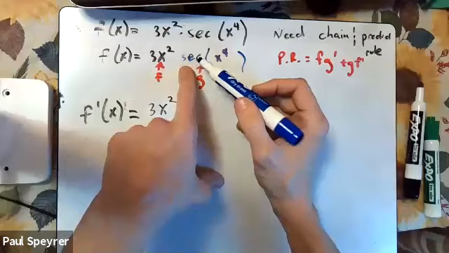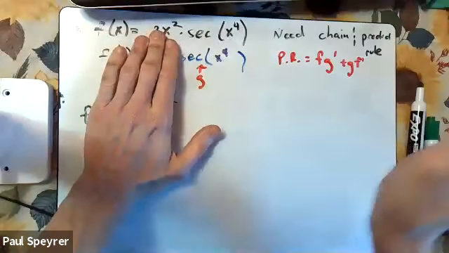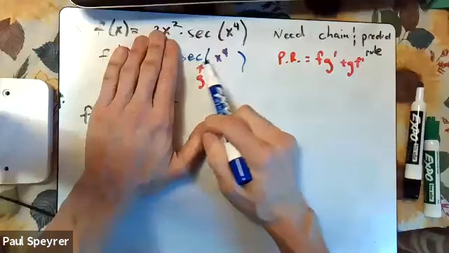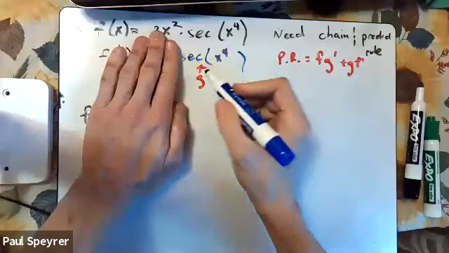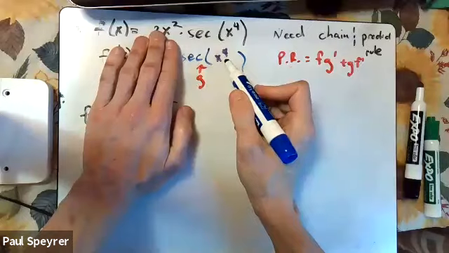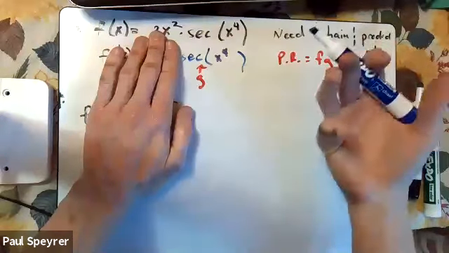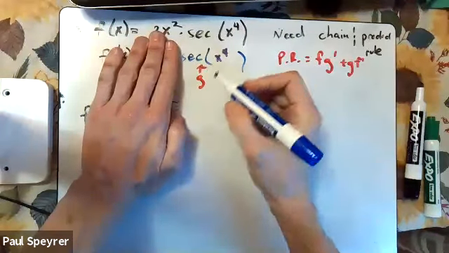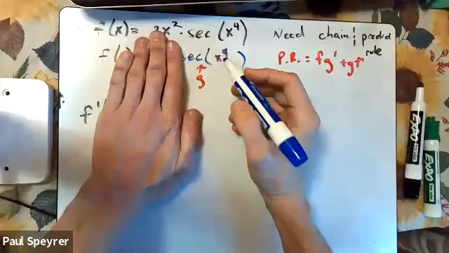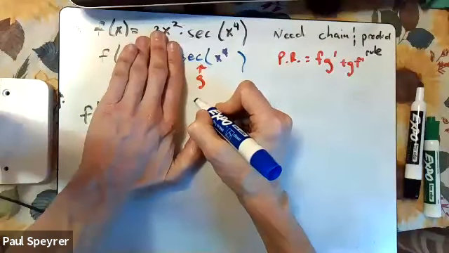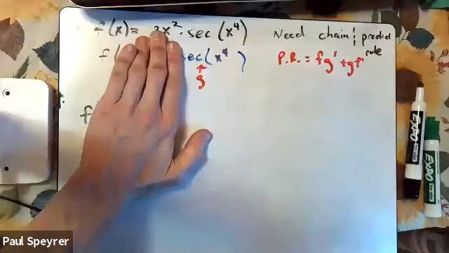How do we do that? Remember, just cover up the 3x squared. We're not worried about that right now. We're just worried about deriving g, right, from the product rule. So the derivative of secant of x to the fourth, how do you do that with the chain rule? You derive the outside first. So if we derive the outside, well, what's the derivative of secant? It's secant tangent, right? Or secant x tan x.